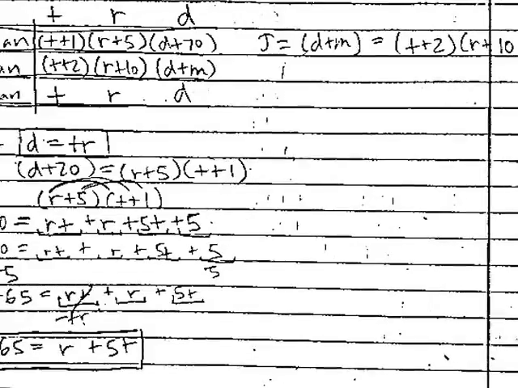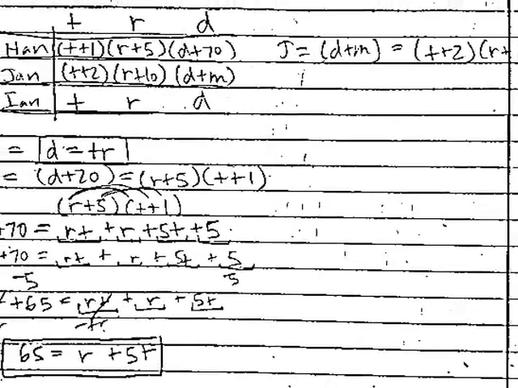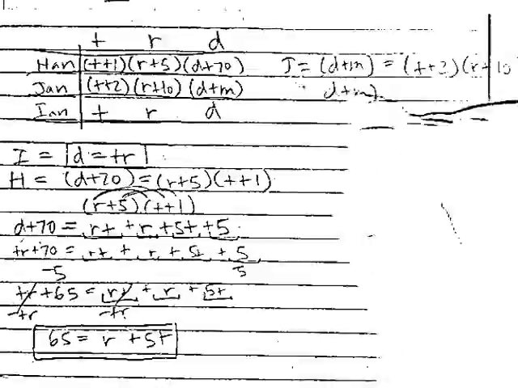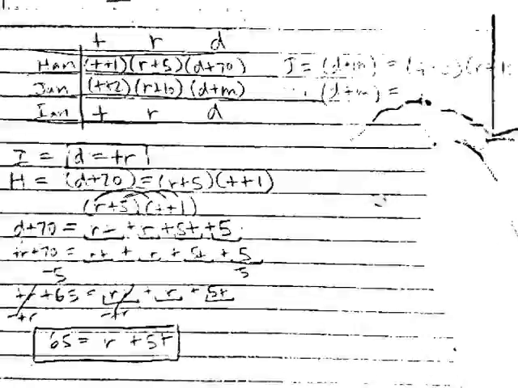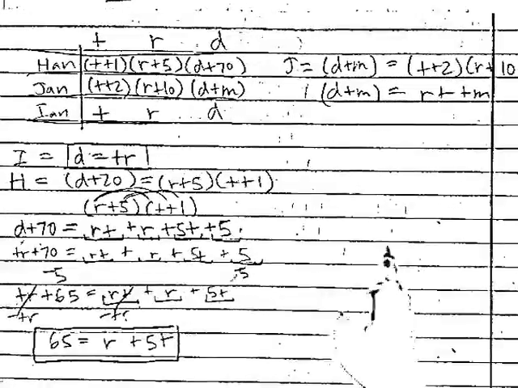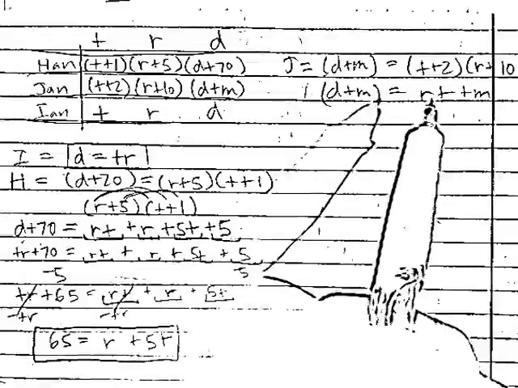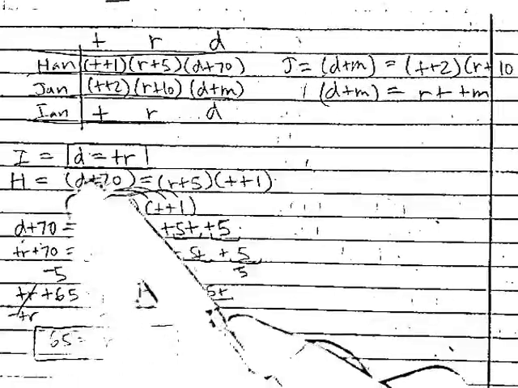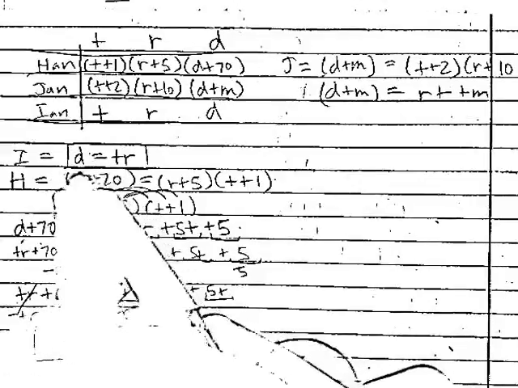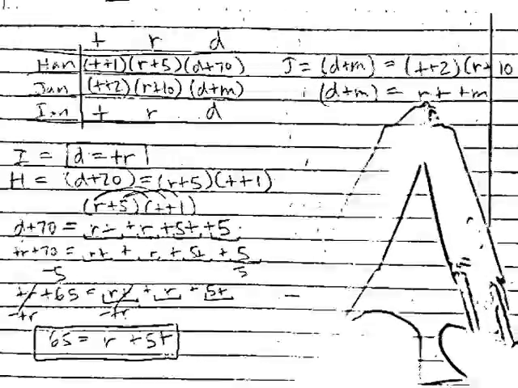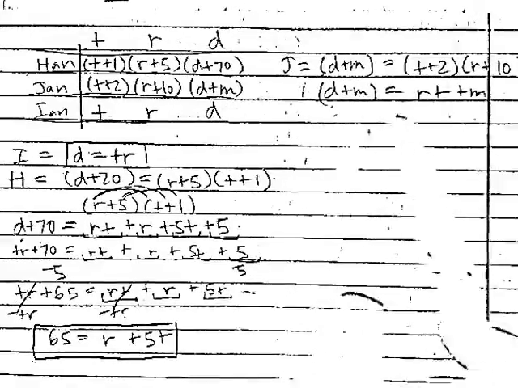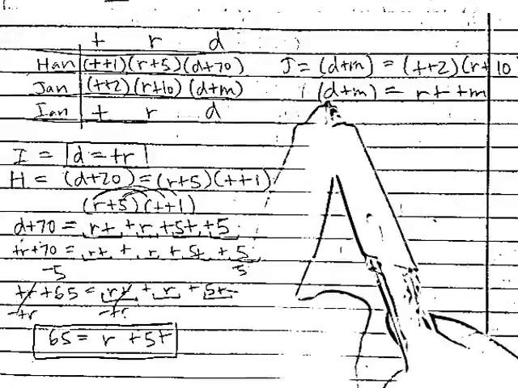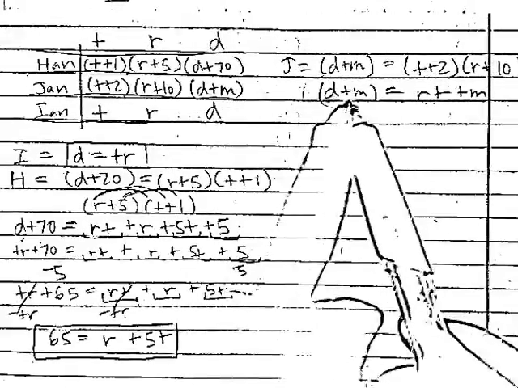And also, d plus m equals rt plus m, because his d equals tr. So if d equals tr or rt, then d plus m would be rt plus m.